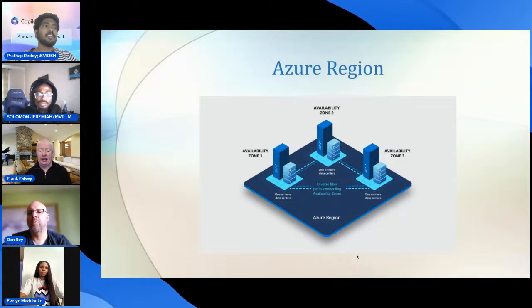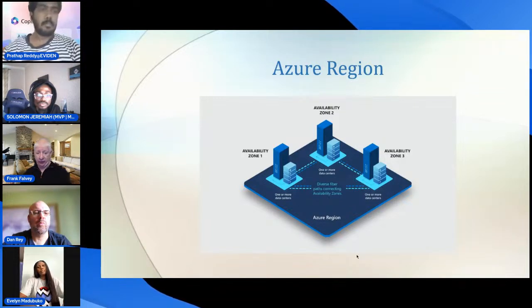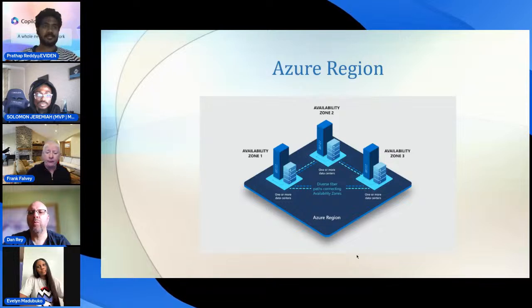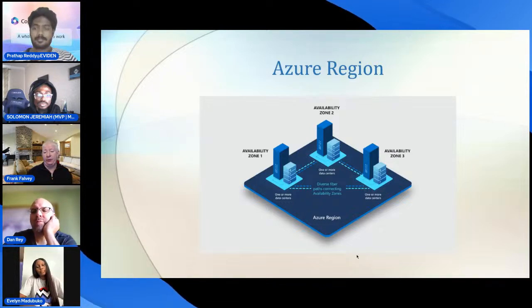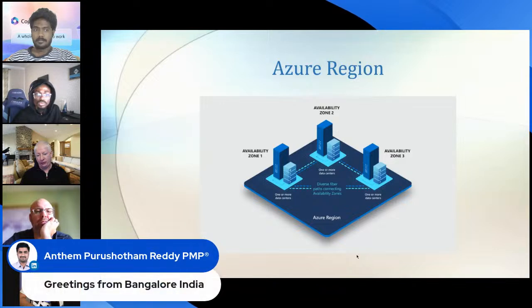So if something happened to any one of those availability zones, say availability zone 1 goes down, your data is still safe. It's in the other two. Solomon was talking about it earlier. If one of these goes down, it's in the other two. So the odds of three of them going down are very slim.